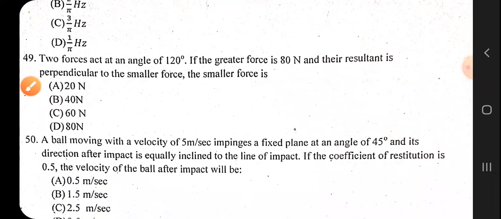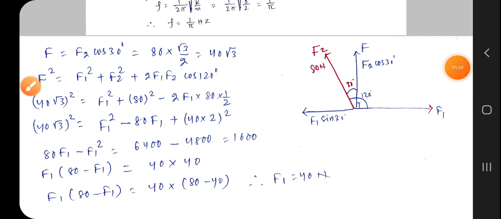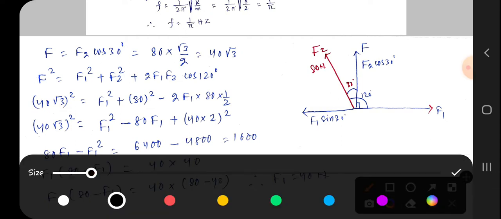Now come to question number 49. Two forces act at an angle of 120 degrees. If the greater force is 80 Newton and the resultant is perpendicular to the smaller force, what is the smaller force? You can solve this in two methods.